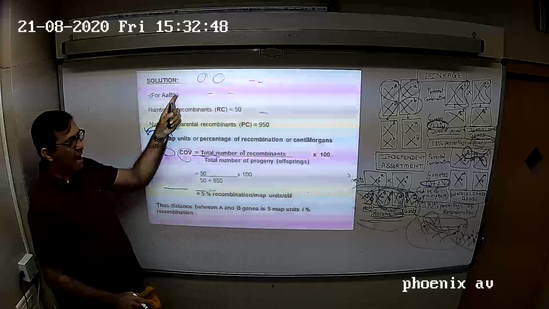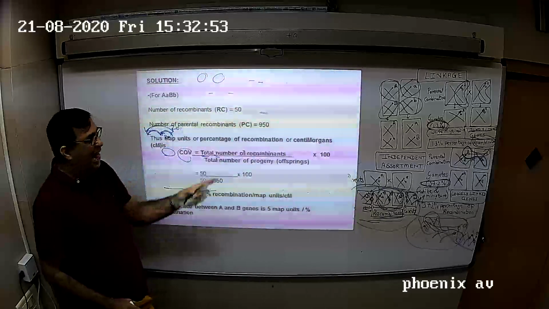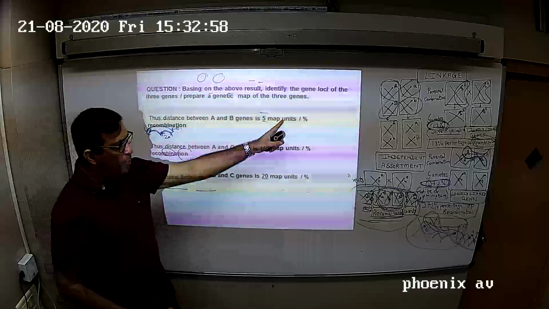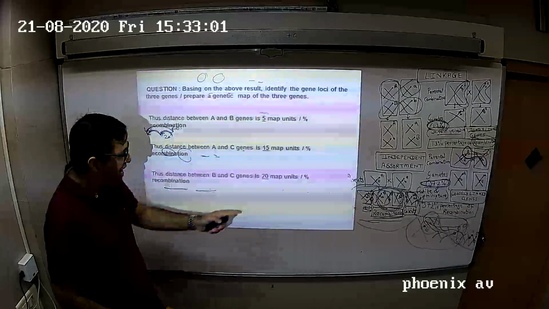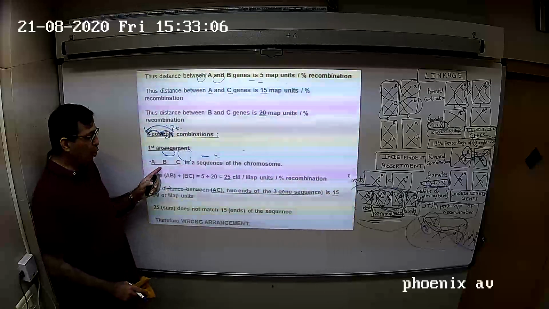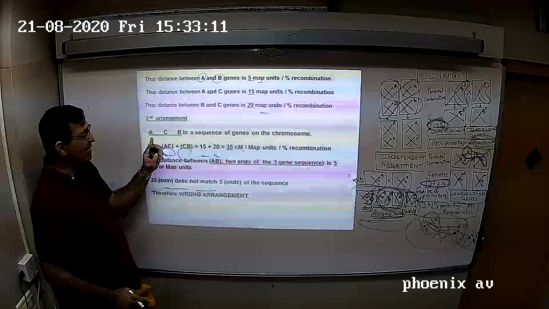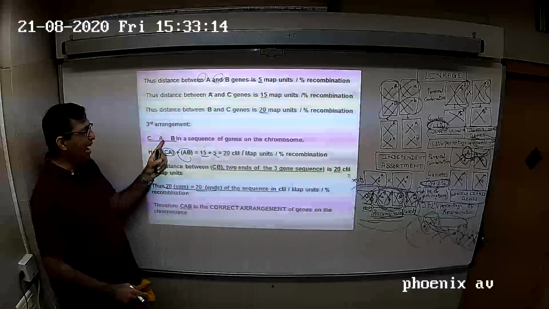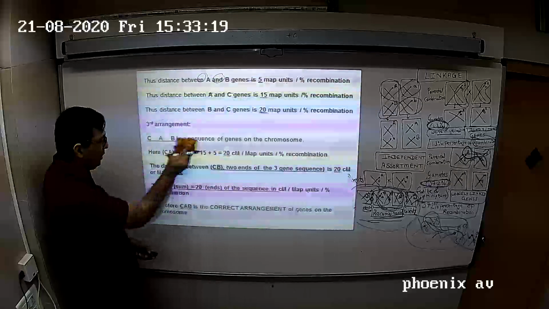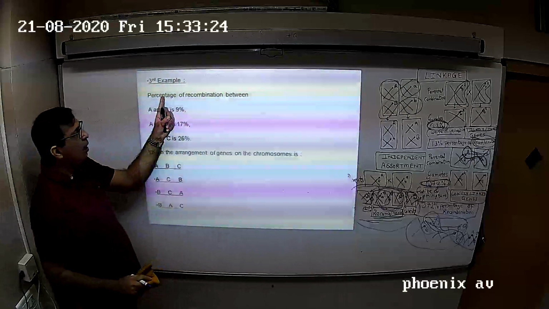Do it for AB, for BC, and for AC, and then find out which sequence is matching. In this case, ABC is not matching. In this case, ACB is not matching. But in this case, CAB is matching. I hope you all have understood this now. Good. So we now go into the next question.